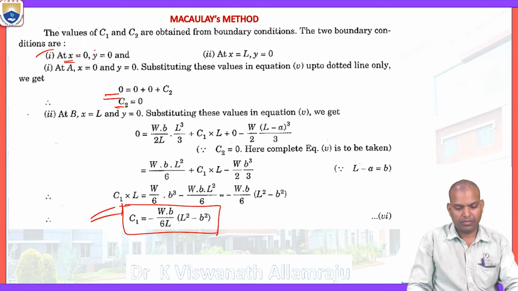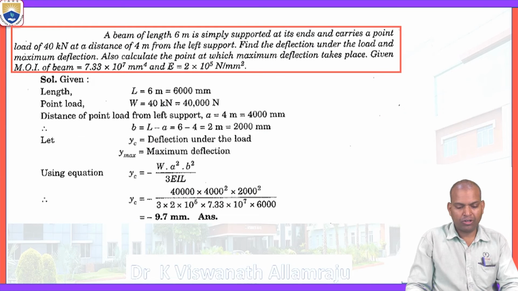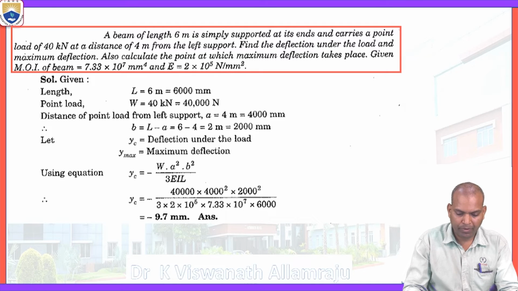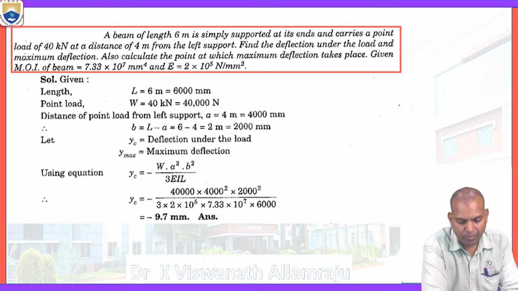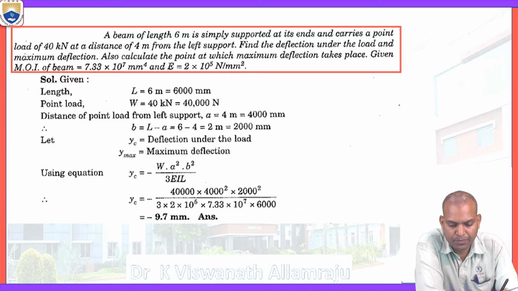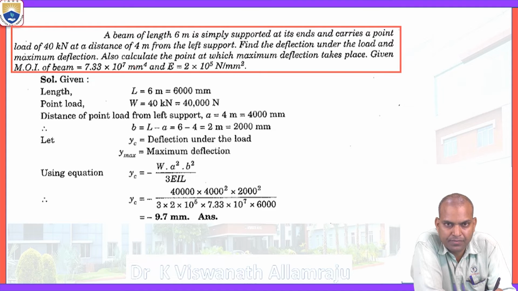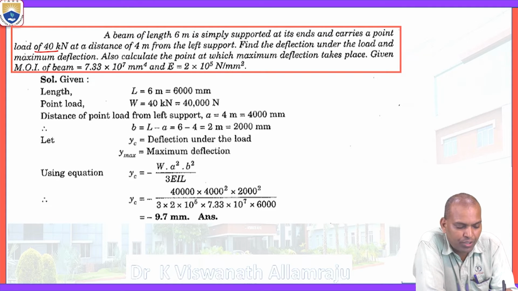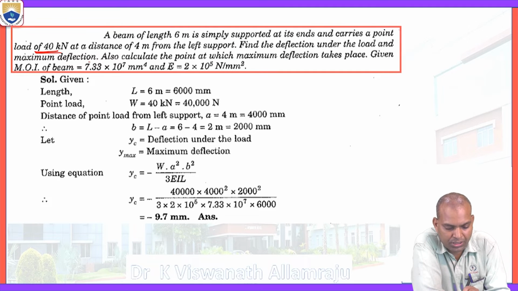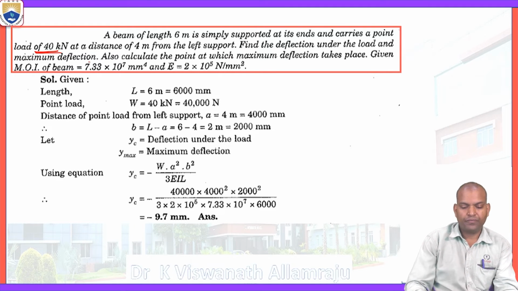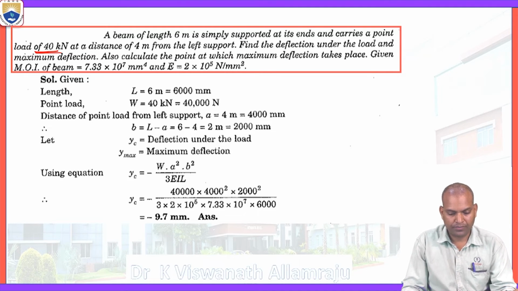Now let us apply this methodology to a problem related to a simply supported beam with an eccentric point load. A beam of length 6 meters is simply supported at its ends and carries a point load of 40 kilonewtons at a distance of 4 meters from the left support.